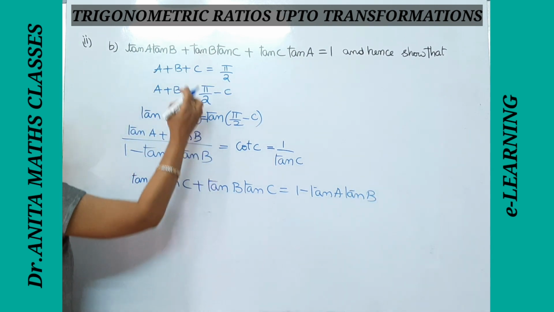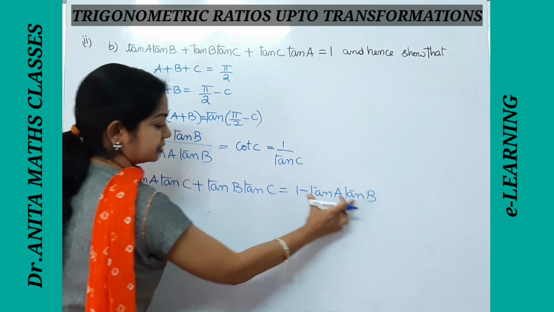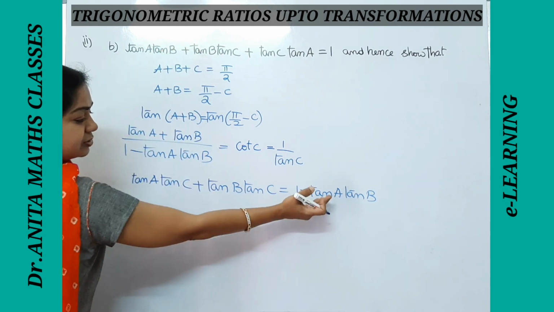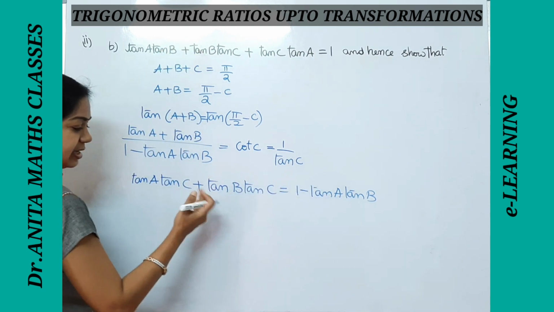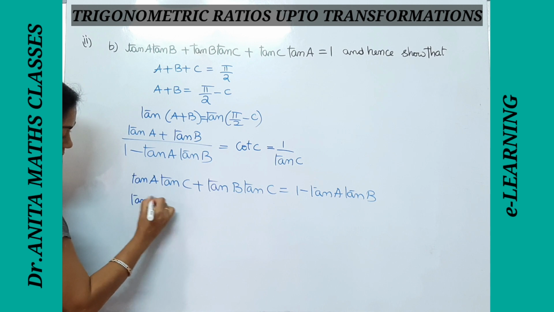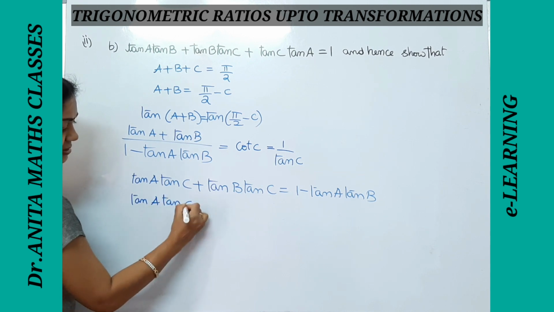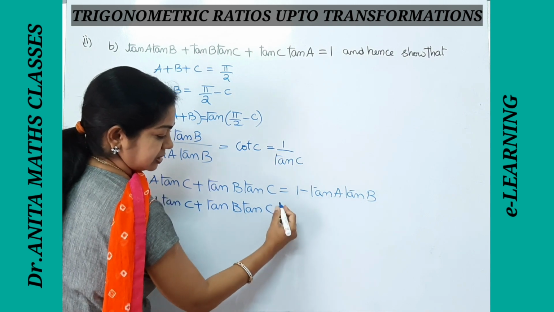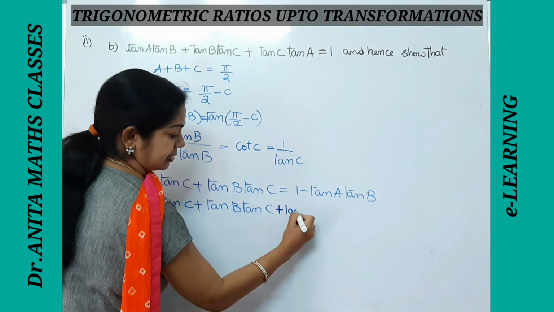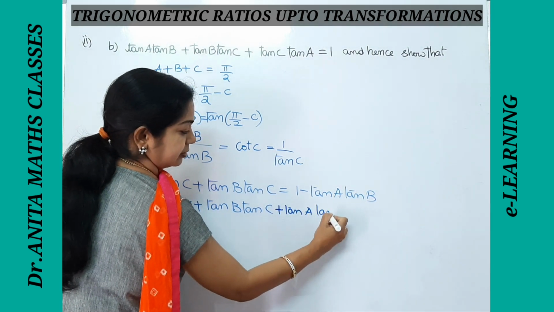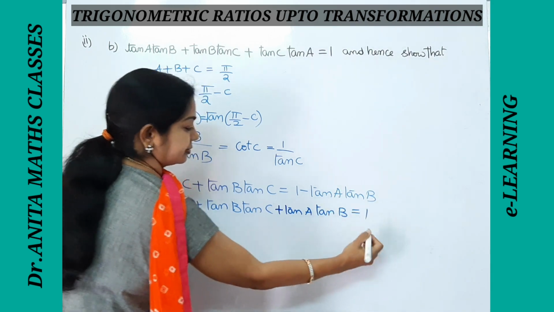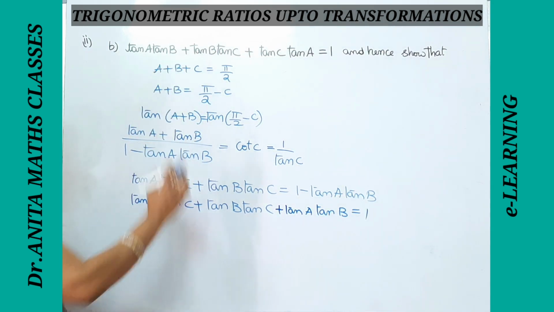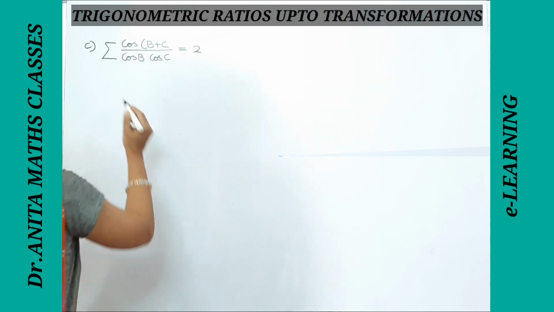Now here we have 1, so shift this tan a tan b to this side, you get the answer. So this comes to tan a tan c plus tan b tan c plus tan a tan b, okay, and 1 to the other side. So this is the required thing what we have to prove. Pause the video and note it down.